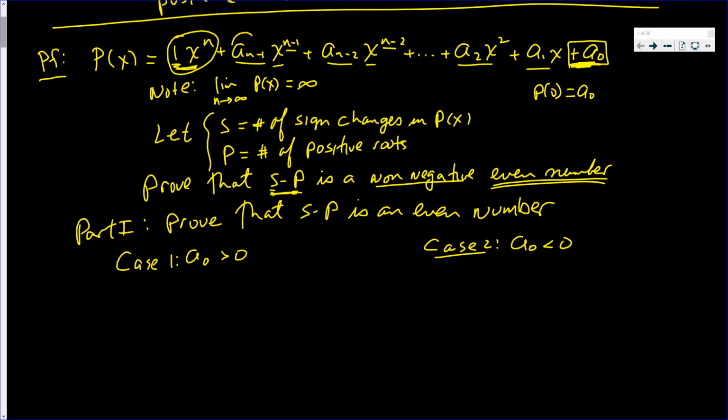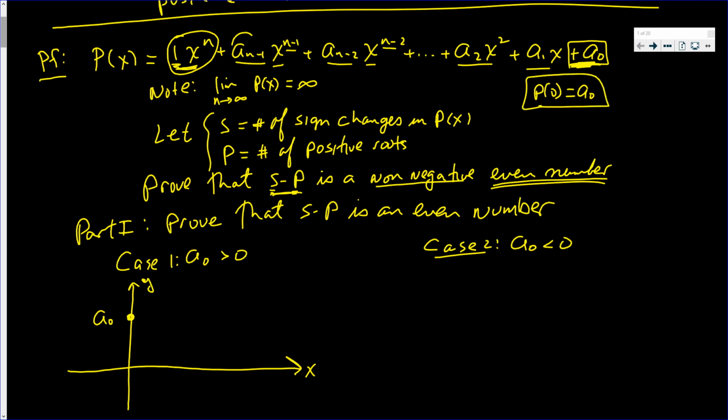Now, if a sub 0 is positive, again, we're only looking at positive roots right now, so I don't care what happens to the left of the y-axis. If a sub 0 is positive, so it's up there, p of 0 is a sub 0.